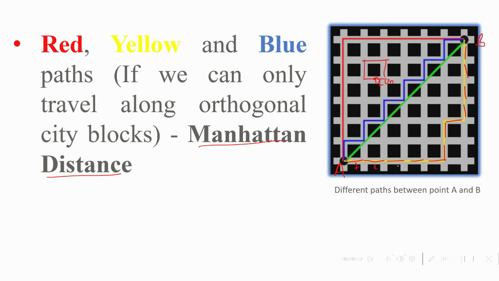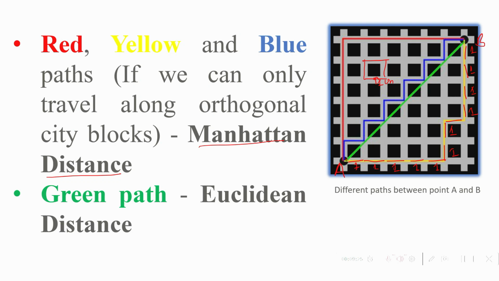You have to find the sum of all the unit distances from the source to the destination. If you sum up everything, it becomes the Manhattan distance. So like that we have different measures, and this is the way we find them.